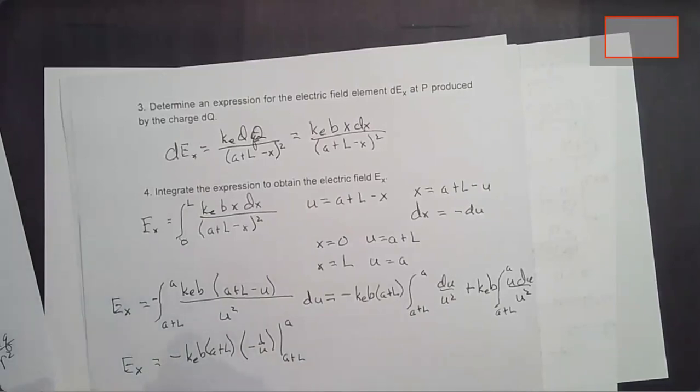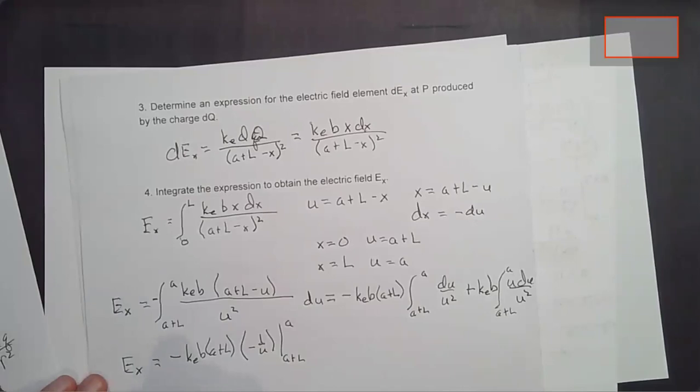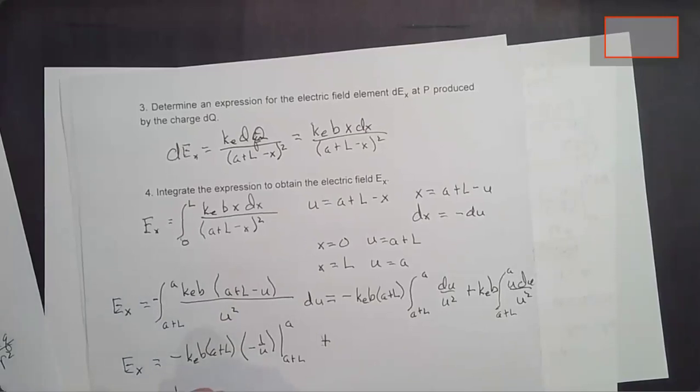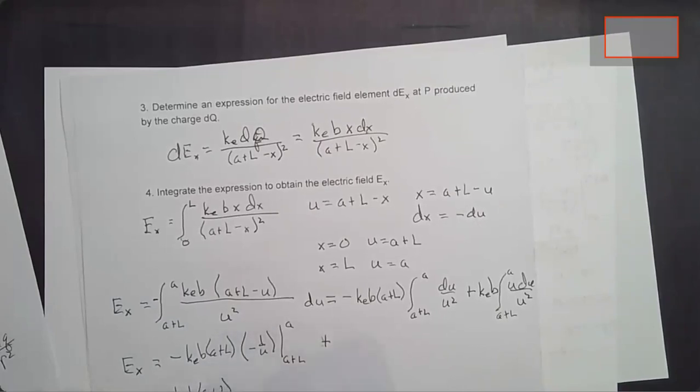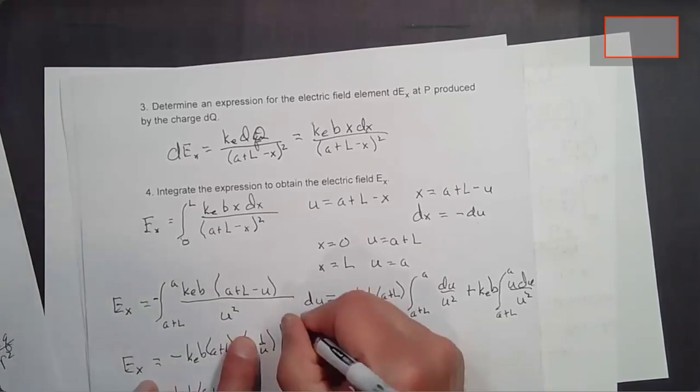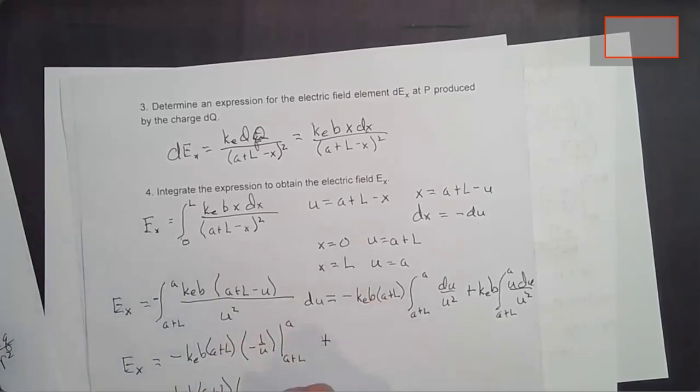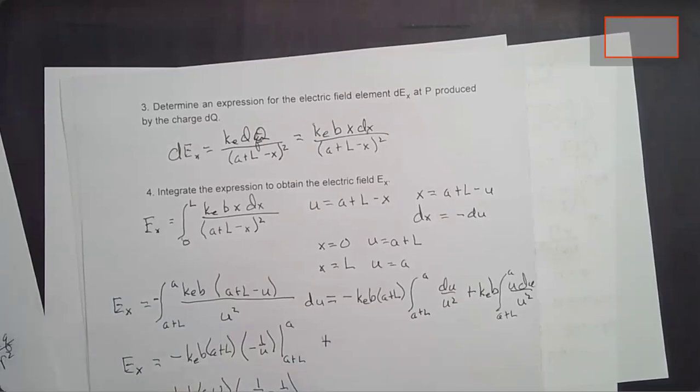There's more to come on this thing, but I'm going to evaluate this while I'm thinking about it. Minus and minus gives me a plus, so I'll have k sub e b times a plus L. And then I'll have 1 over u evaluated at a and a plus L, so I'll have 1 over a minus 1 over a plus L, which I had last time, I think.